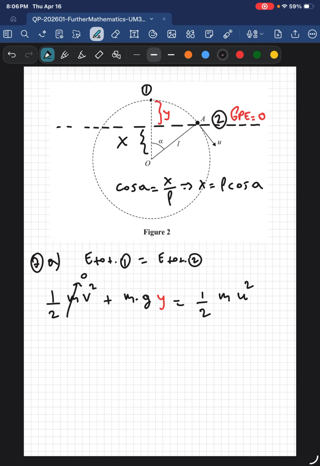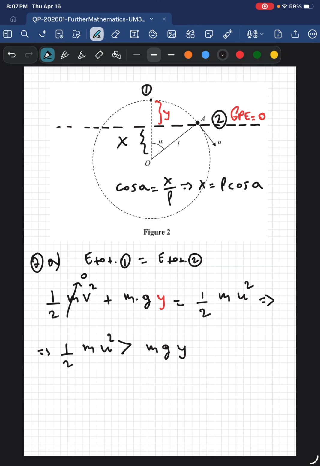Okay, so if it barely makes it, that's going to be 0, provided that 1/2 m u squared is larger than mgy, the potential energy of the particle at a distance y from 2.